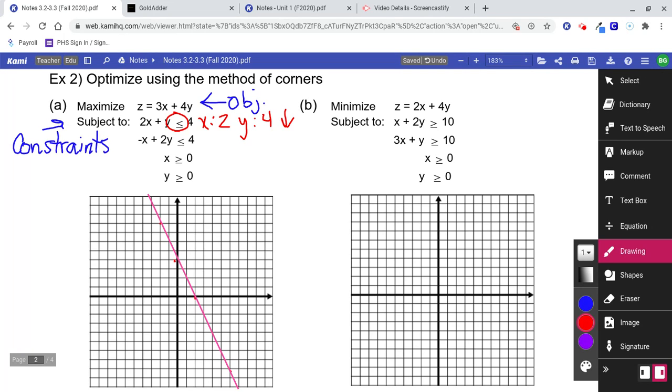Now let's look at the next line. If I wanted to find the X-intercept of that second inequality, I would let Y equal 0. Basically, I'm making a table of values and plugging in zeros. If Y was 0, I'd have negative X equals 4. So that means the X-intercept must be negative 4.